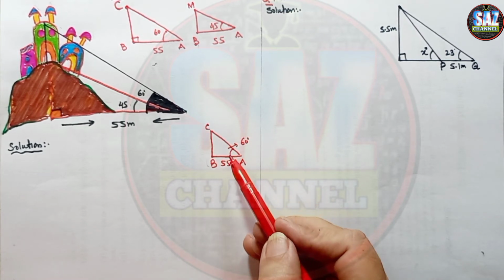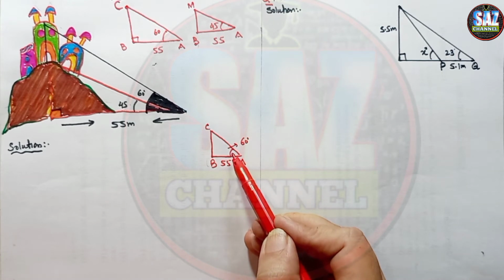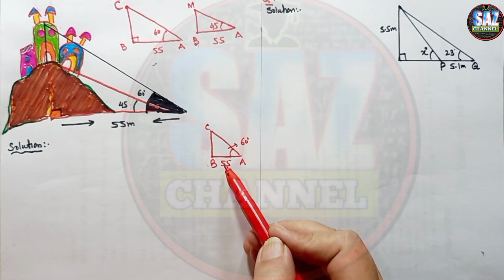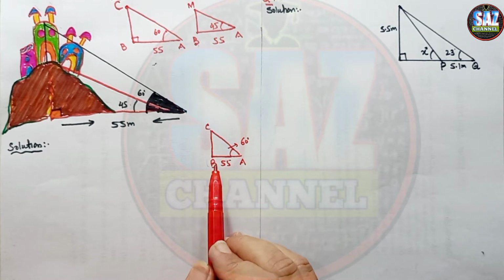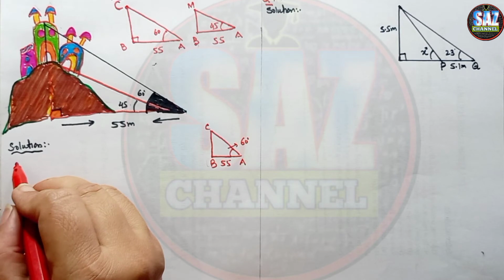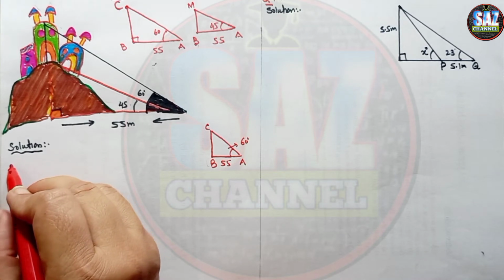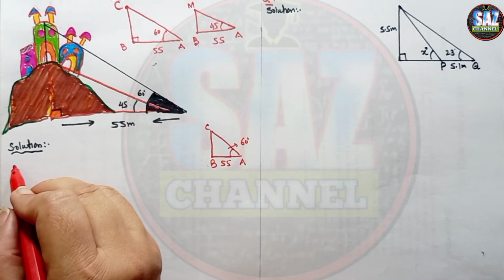Now we have to see with the reference of this 60 degree angle and with the reference of this 55, which trigonometric ratio we can apply. We need to find this side, so opposite and adjacent. I hope you are clear that we have to apply tangent in order to get the value of CB.